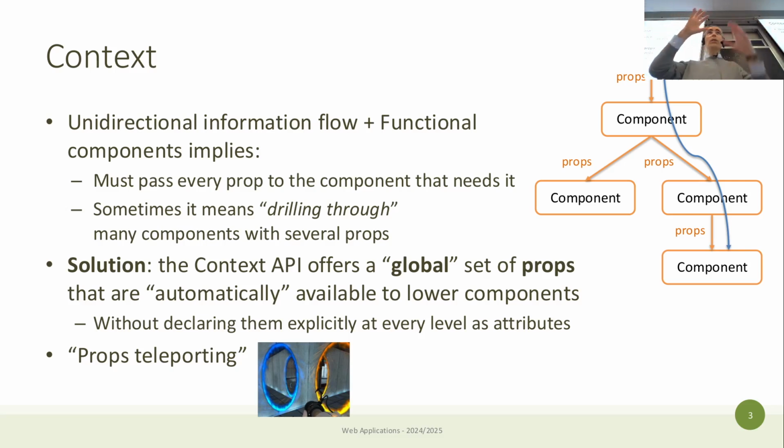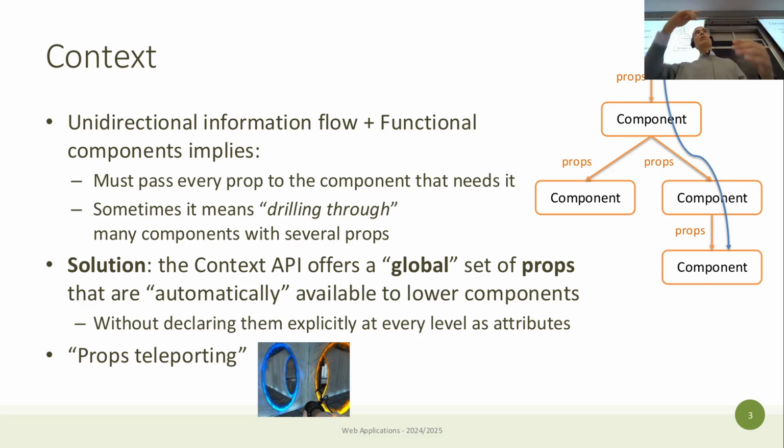There's a root, and in the root there's the App component, the one that is created by Vite when we start a new project. And then you have a tree like the one you see on the right, where if you need to pass information to the children components, you need to pass props. And this has to be done at each level.